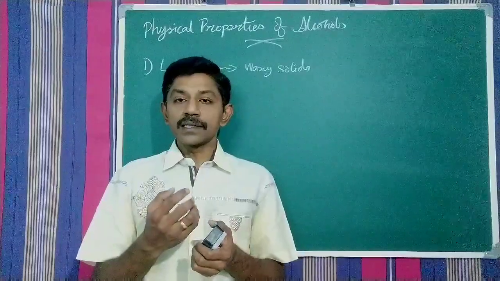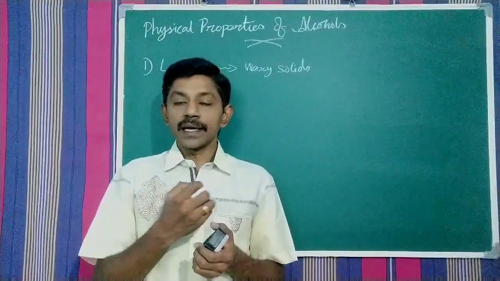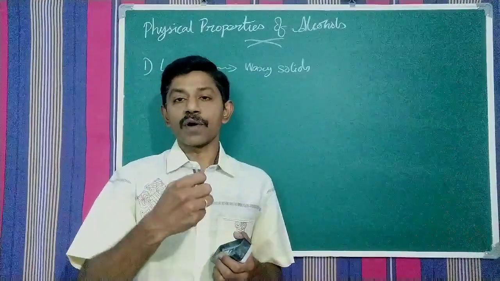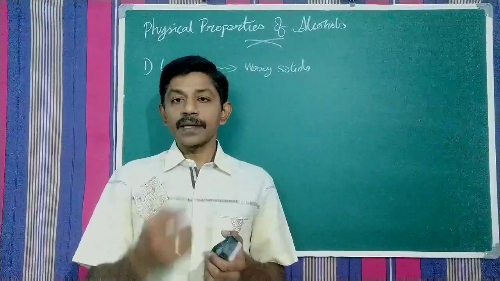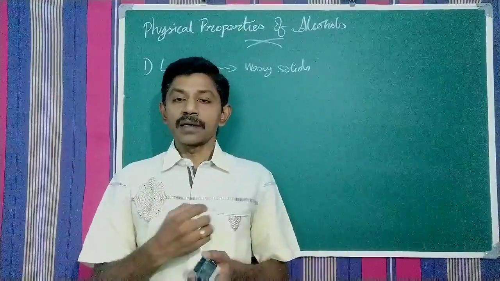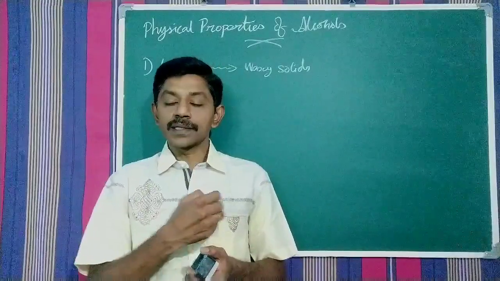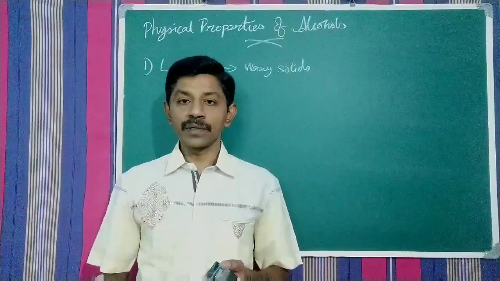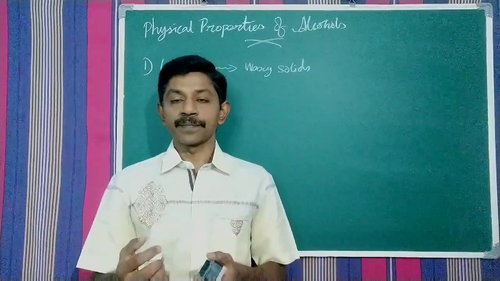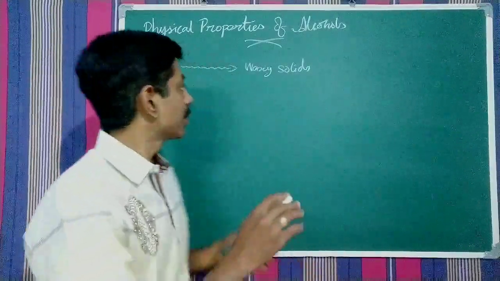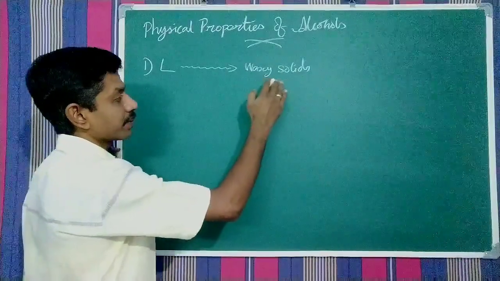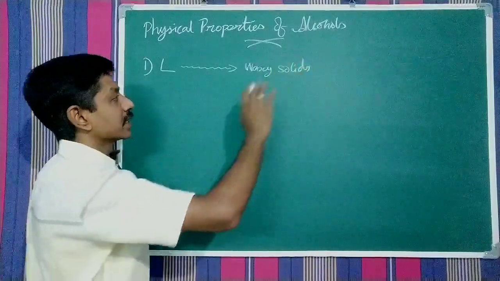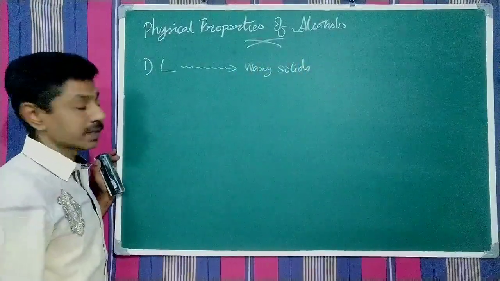The reason is they gain heat energy out of our body and they evaporate. While removing the heat energy out of our body, they give a chilling effect to our skin. So that's why the lower members are liquids, and when the molecular mass, number of carbon atoms increases, they become waxy solids.